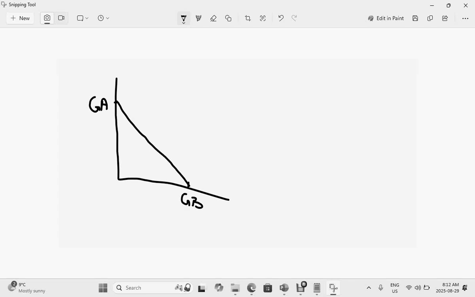Now, when it comes to this line, there are many factors that impact the shift of the line itself. When we talked about the budget constraint line in the past few videos, we were talking about movement along the line. However, in this video, we'll be talking about the shift of the line itself, either to the right or to the left.